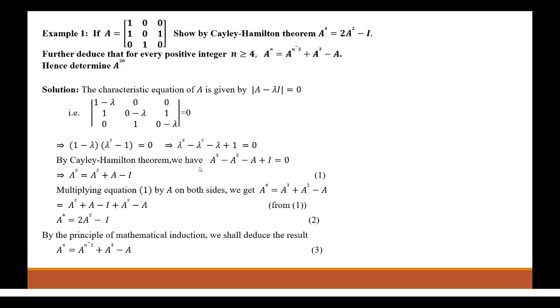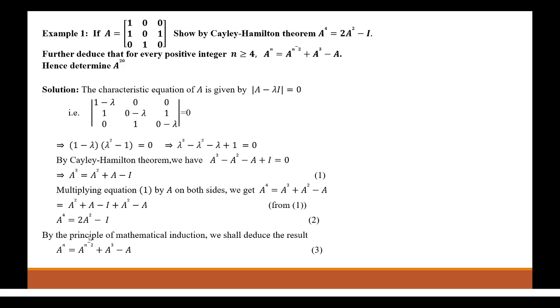By Cayley-Hamilton theorem, replace lambda by A, the equation becomes A cube minus A square minus A plus I is equal to 0. Multiplying by A on both sides, we get A power of 4 is equal to A cube plus A square minus A. Then on simplification we get A power of 4 is equal to 2A square minus I.